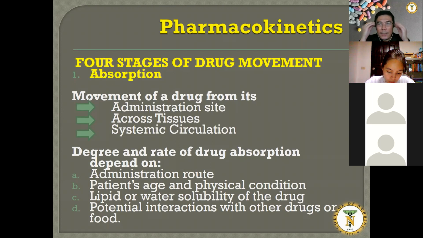There are situations that will affect the degree and rate of drug absorption. For example, the administration route. As I told you, which routes reach the immediate maximum concentration level and maximum time? It's intravenous and intraosseous, because of direct access to the blood reaching the plasma.